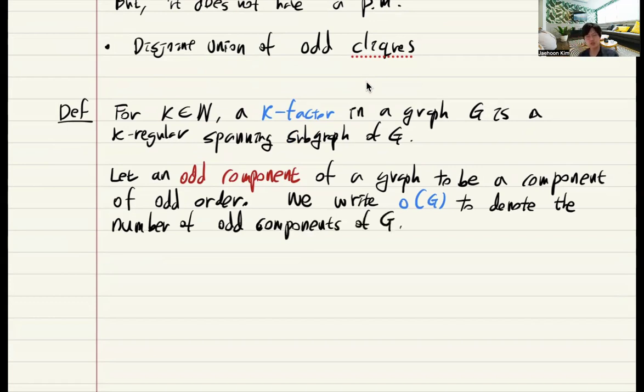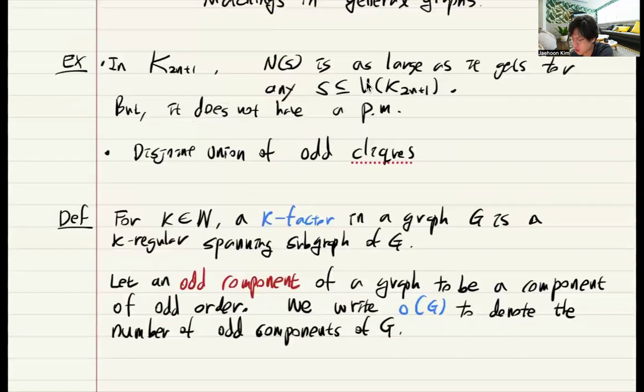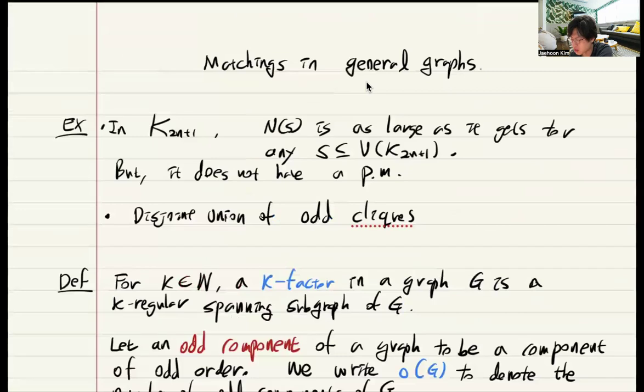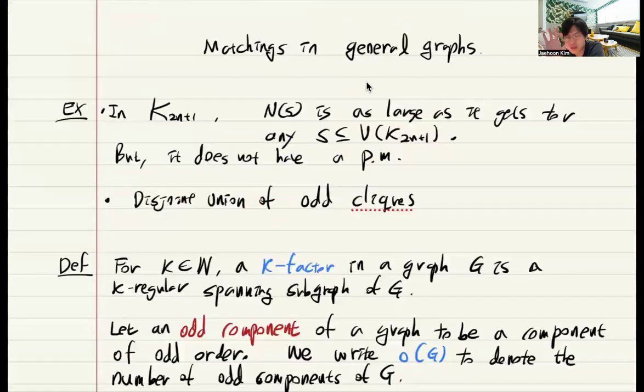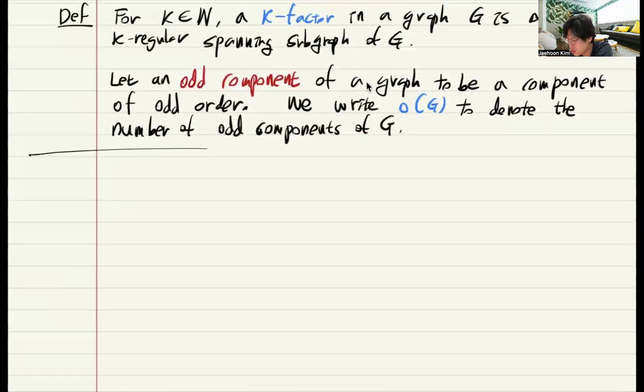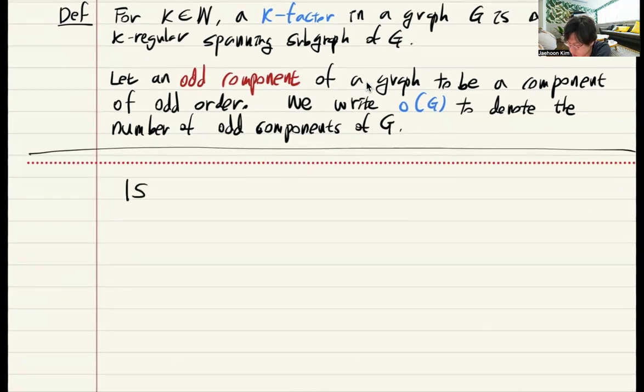With this, now we discuss matchings in general graphs. So our benchmark is again Hall's theorem. We want to prove something like Hall's theorem. What was Hall's theorem? In Hall's theorem, what we did was for each set, we consider this quantity.